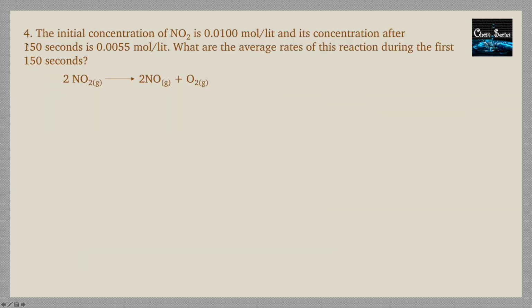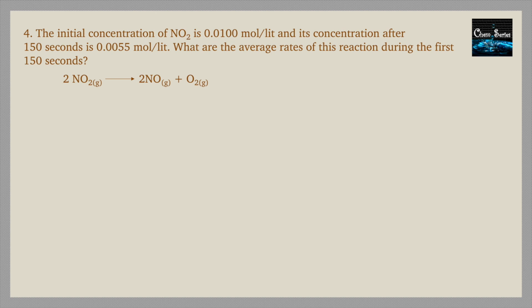Coming to the fourth problem. The initial concentration of NO2 is 0.0100 mole per liter and its concentration after 150 seconds is 0.0055 mole per liter. What are the average rates of this reaction during the first 150 seconds? So what have they given? They have given the initial concentration of NO2, that is at time 0. That is, there won't be any product.